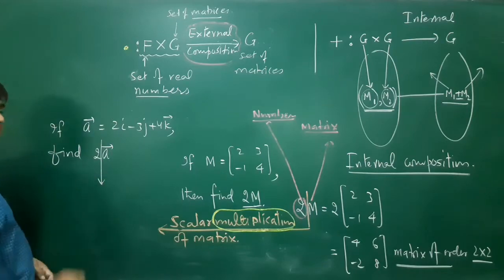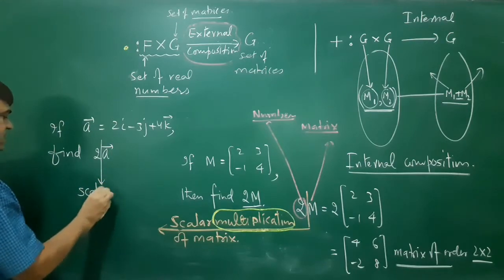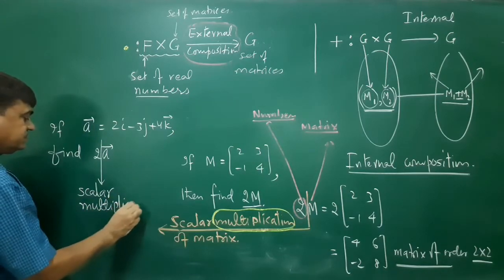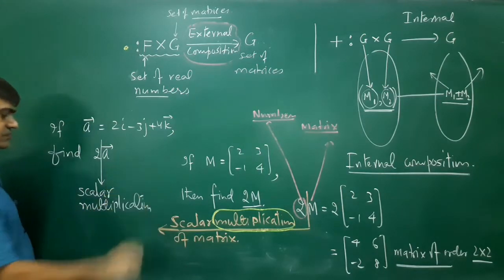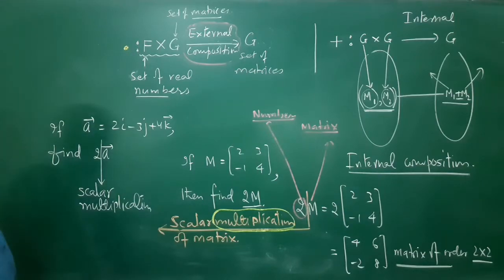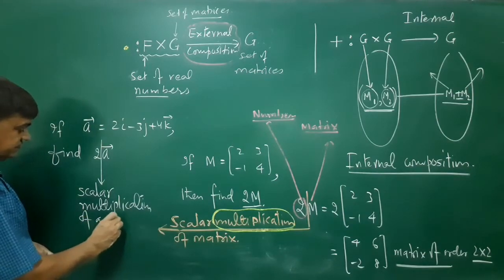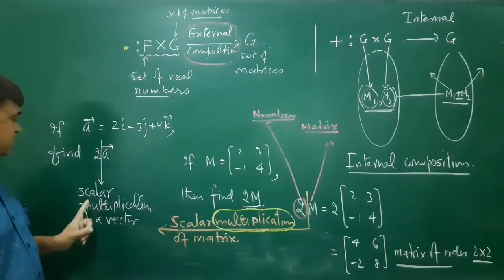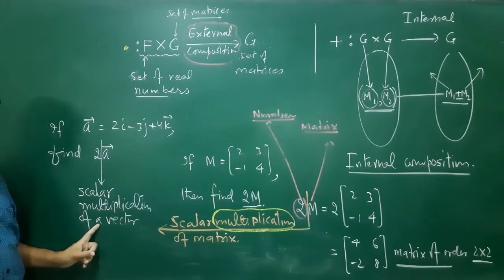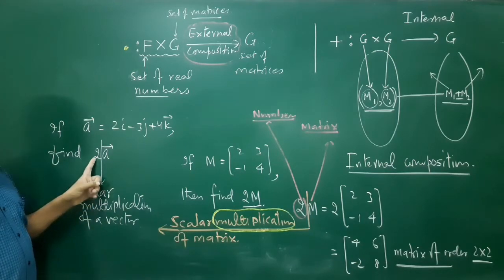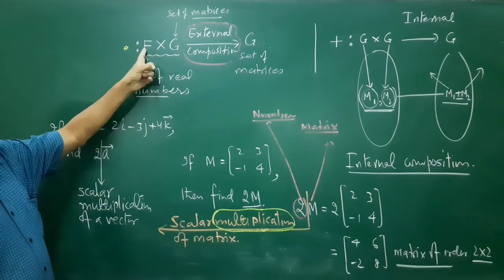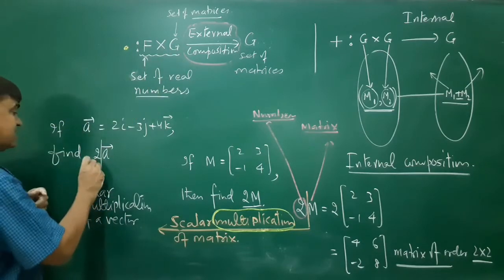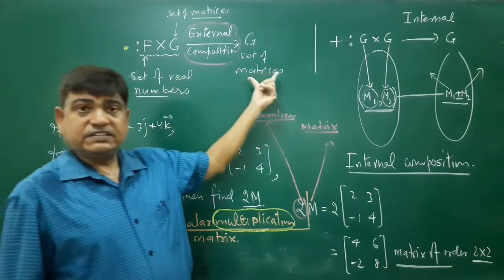This is scalar multiplication of a vector. Just like scalar multiplication of matrix, scalar multiplication of vector. 2 is from this set. Vector is from this set. Final answer is a vector.